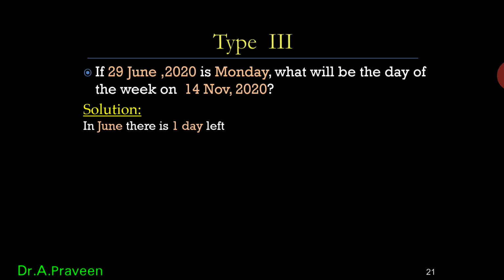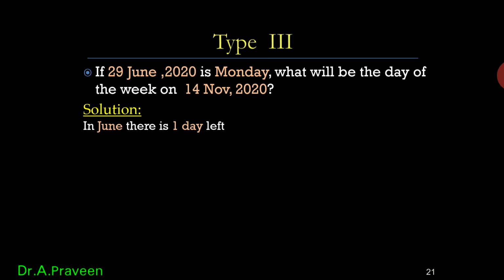That's very simple. 31 divided by 7, 4 times 7 is 28, the remainder is 3. That is why any month with 31 days will have 3 odd days, and any month with 30 days will have 2 odd days. 30 divided by 7, the remainder is 2.